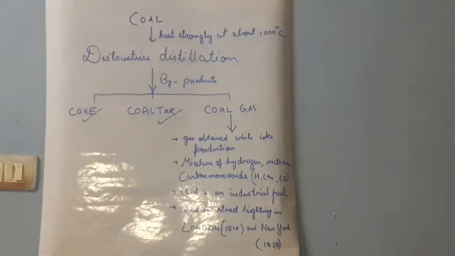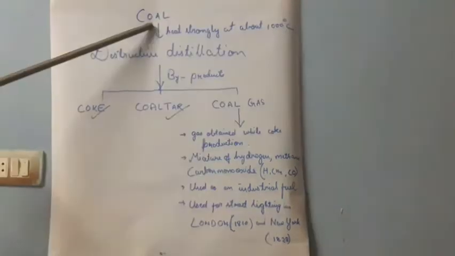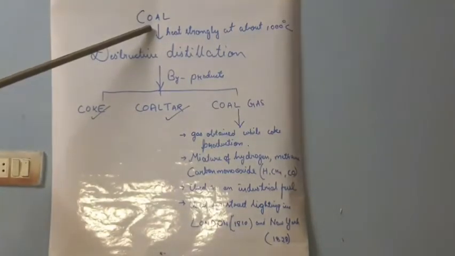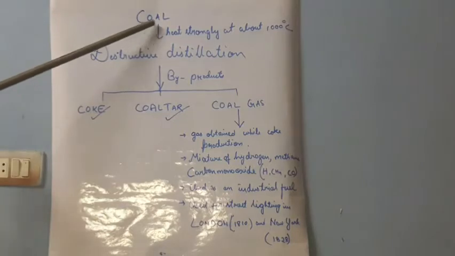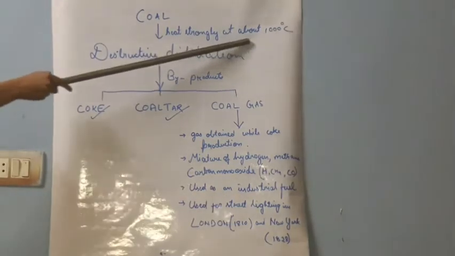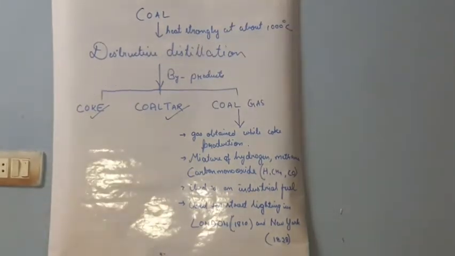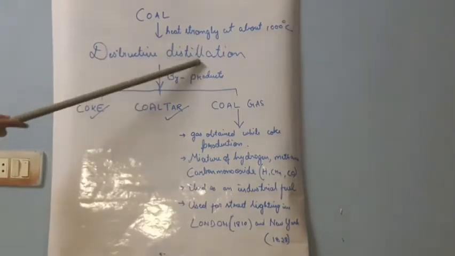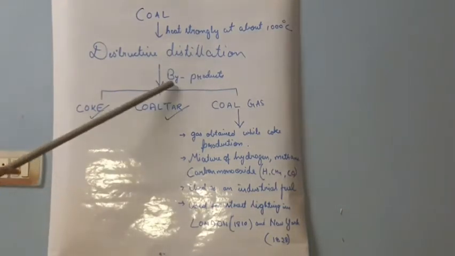Today, let's move on to the next part of the chapter. Okay, we have already studied the destructive distillation of coal, and you all know. We have studied that when coal is heated strongly at about 1000 degrees centigrade, that is known as destructive distillation of coal, some byproducts were formed.